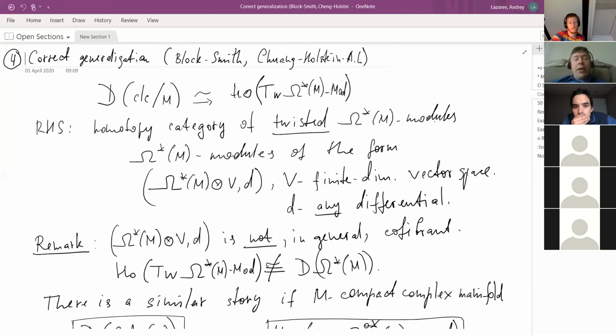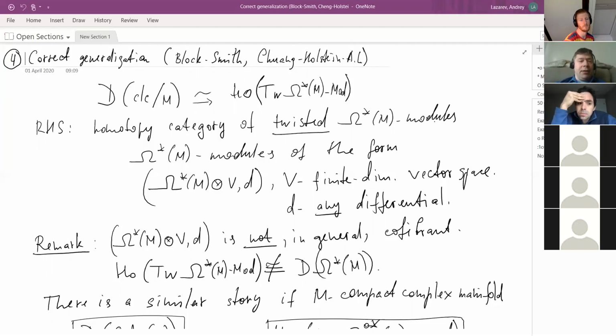So here's, nevertheless, the step that we have taken, namely replacing the derived category of representations of pi1 of M with the derived category of cohomologically locally constant sheaves, was a correct one. So here's the correct generalization, which is due to the work of Block and Smith, and also Chuang, Holstein, and myself.